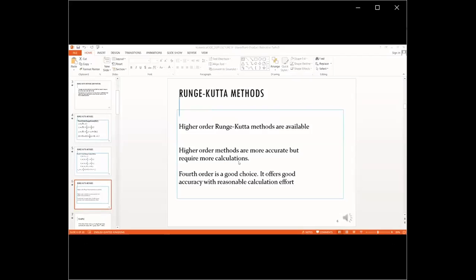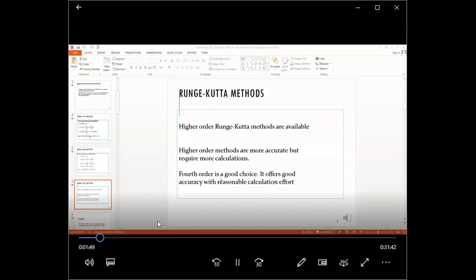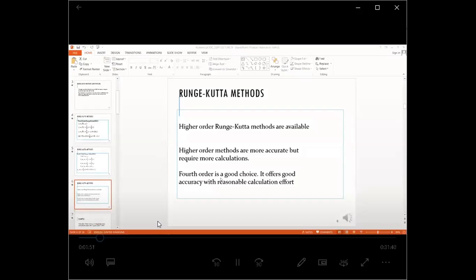The last point is the fourth order, the RK4 method. It's a good choice. It offers both good accuracy with a reasonable calculation effort. So it is fast and the margin of accuracy is also very high. That is why we're looking at it in class.